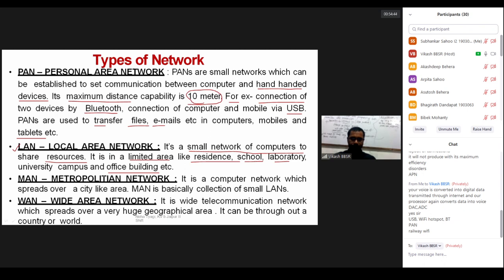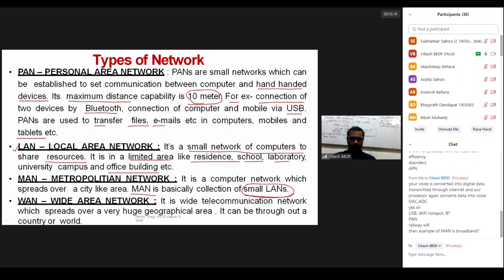Remember, the railway Wi-Fi is LAN because it is used in that station only. So MAN basically is a collection of small LANs that are connected.